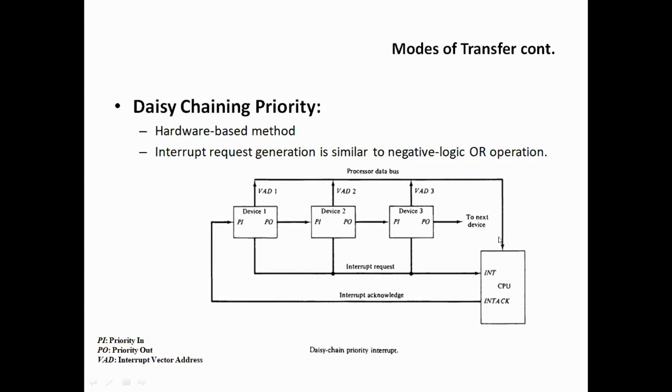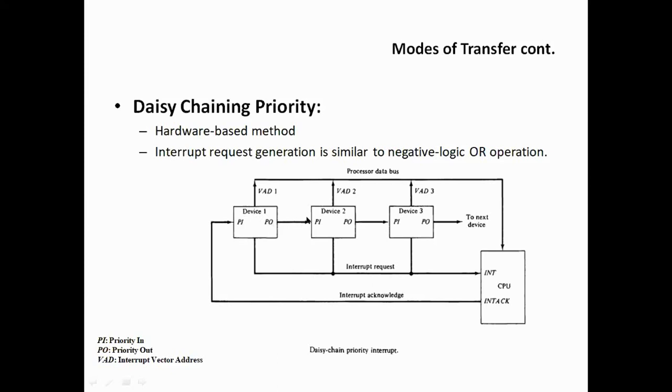That routine is at this address. VAD means interrupt vector address. So this device says this is the address of that function which will transmit the data from here to here. Once the transmission has been done, this will put off its interrupt signal and will put 1 on this PO.